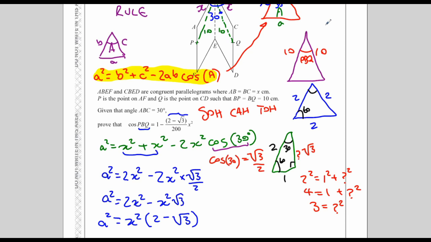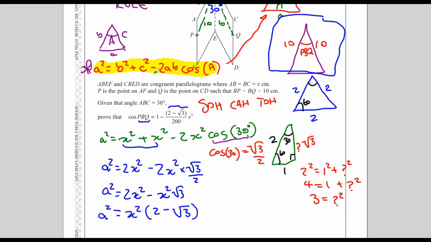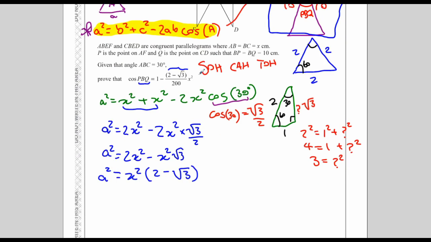Now let's think about our other triangle in the question. Let's apply the cosine rule to this one too. We get that A is the same here.